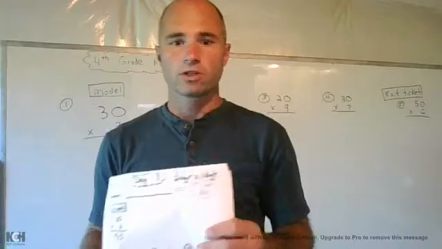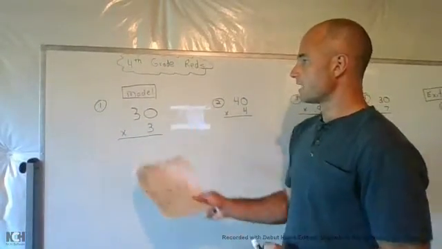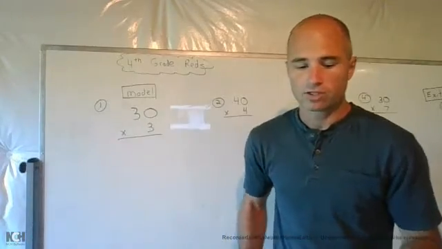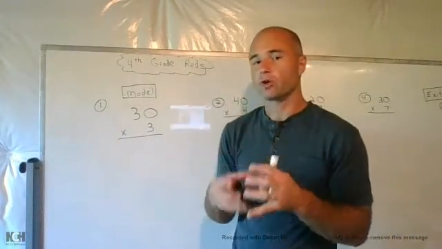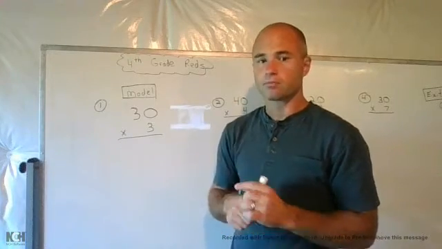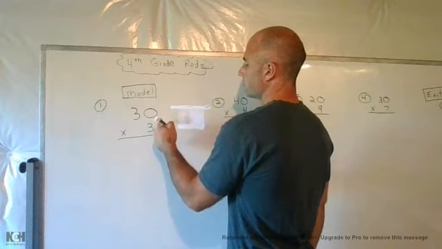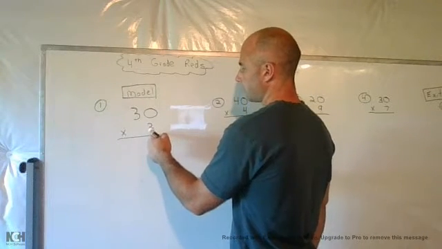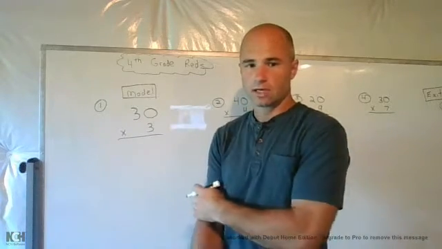All right, let's get started with our first model problem. We have 30 times 3. Now I understand that maybe our multiplication facts aren't fluent yet, which is definitely something you need to work on. So my best recommendation is, since for starters I see a 3 times 3 happening, then I want to do my 3 times tables. Okay?